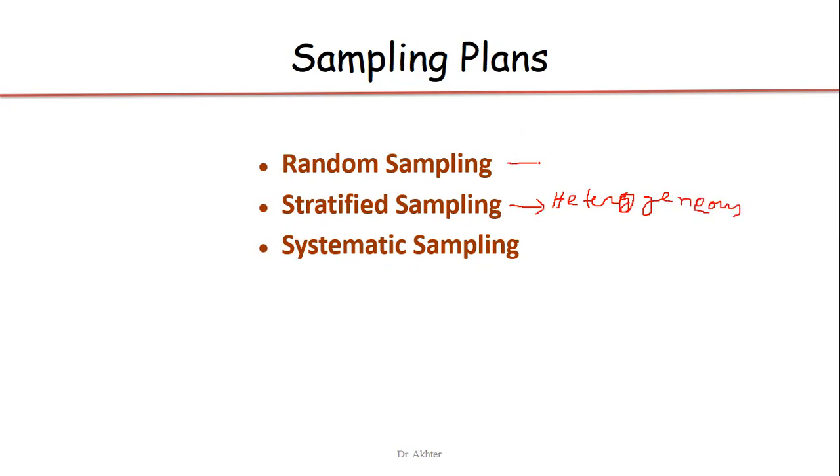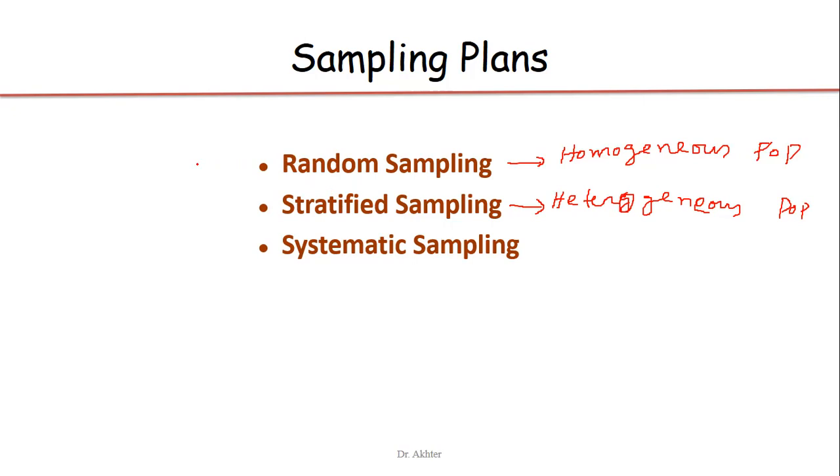And here we must have a homogeneous population. Homogeneous population and heterogeneous population: these are the two perspectives for the two different sampling plans.